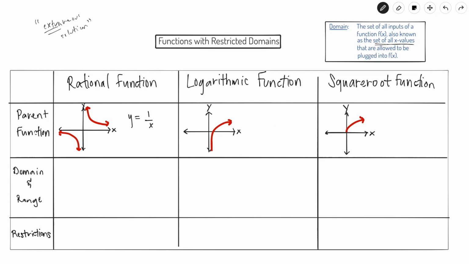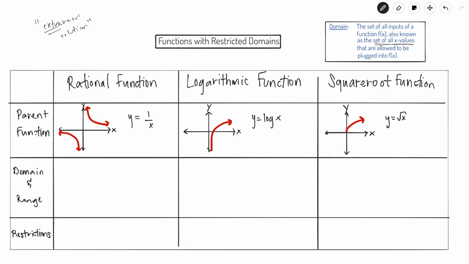Now we have the logarithmic function. The parent logarithmic function takes the form y equals log of x. The fact that there's only certain values that can go into a logarithm is what makes this function have its restricted values that we'll talk about in a second. The last one that we're going to explore today is the square root function. The parent square root function takes the equation y equals the square root of x.